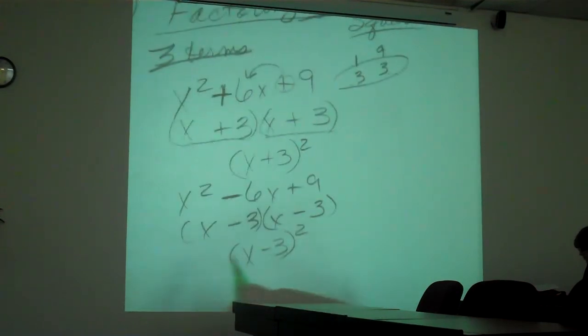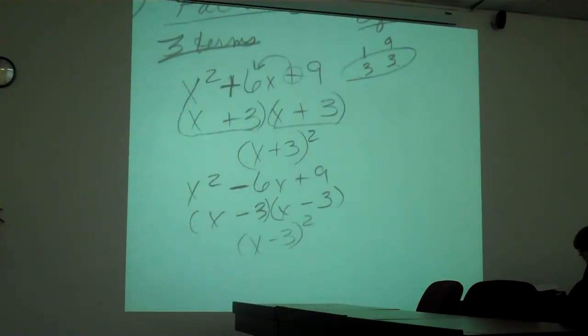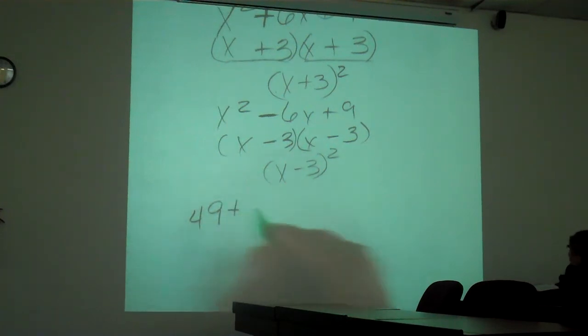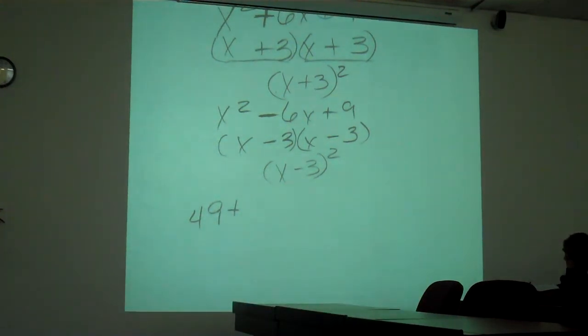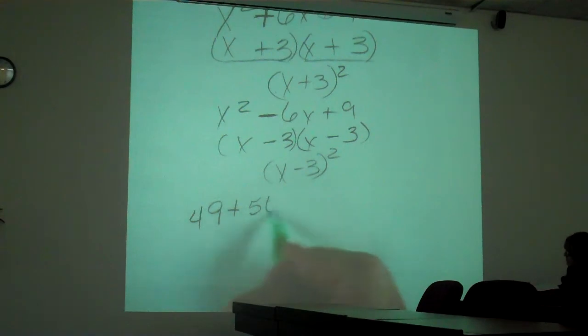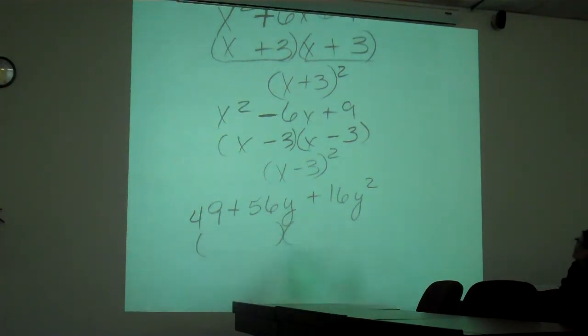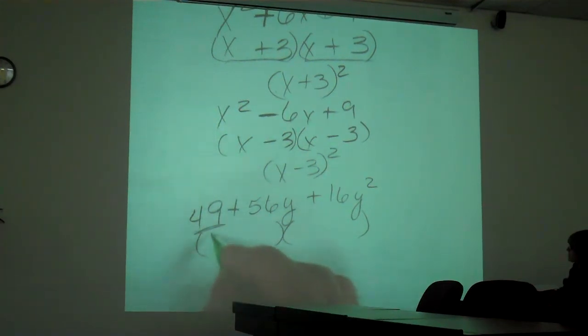Okay, let's do one like, let me get one of the first ones here. 49 plus 56y plus 16y squared. How are you going to get 49? 7 times 7.